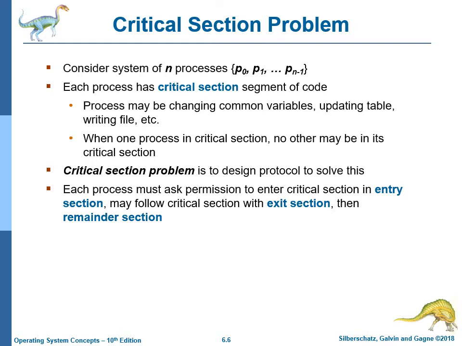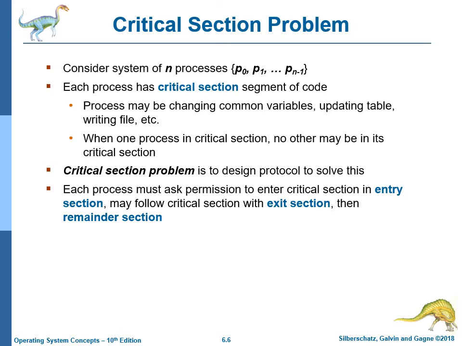So dalam case ini, apa yang kita buat ialah kita kena pastikan, okay, mana-mana proses yang tengah run dia punya critical section, so proses lain tidak dibenarkan execute dia punya critical section.